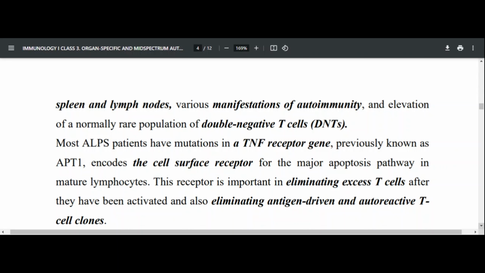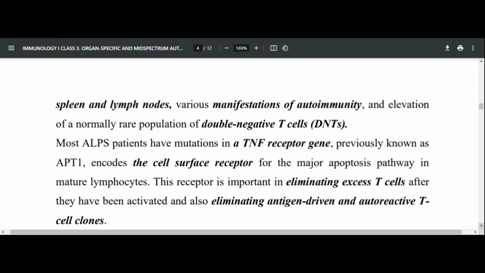Most autoimmune lymphoproliferative syndrome patients have a mutation in the tumor necrosis factor receptor gene, previously known as APT1, which encodes the surface receptor for a major apoptosis pathway in mature lymphocytes. The tumor necrosis factor receptor on lymphocytes is the one which receives signals from tumor necrosis factor that stimulate apoptosis.